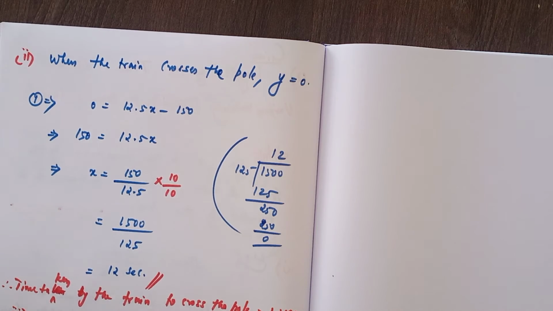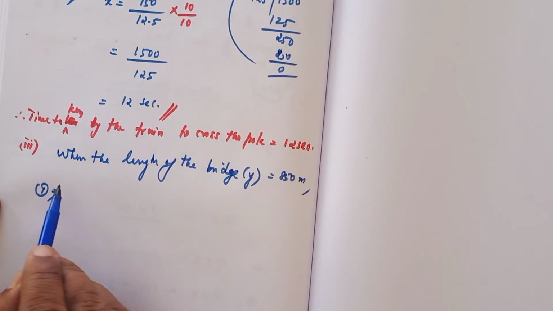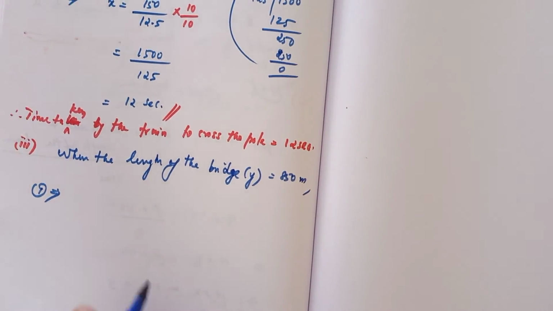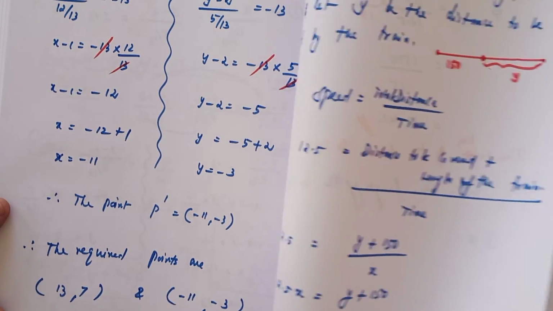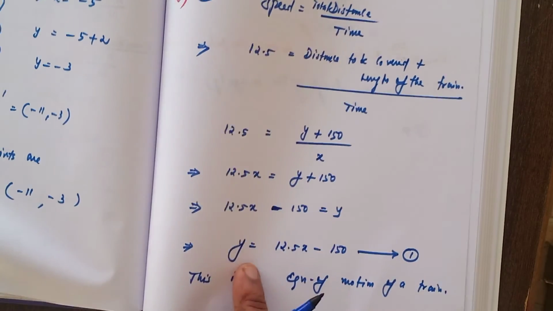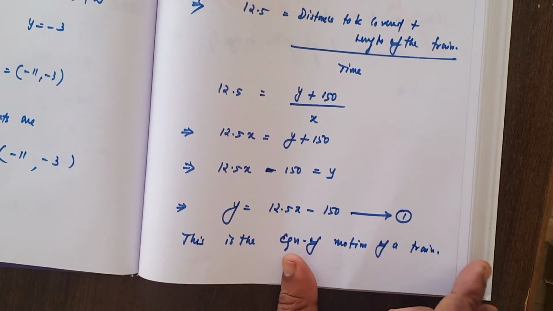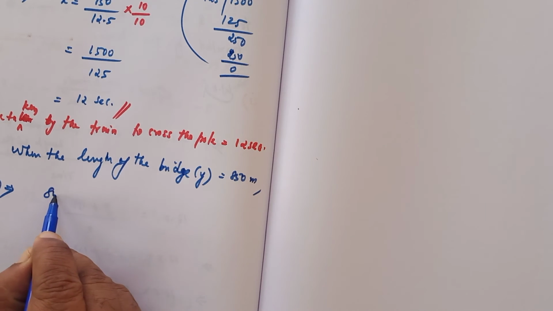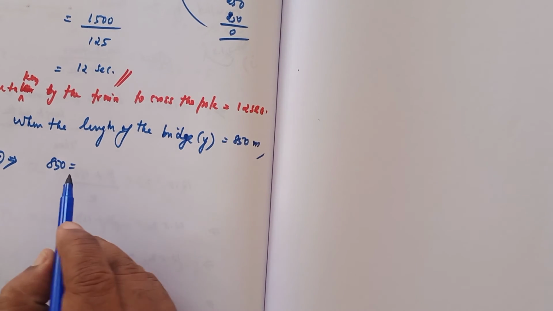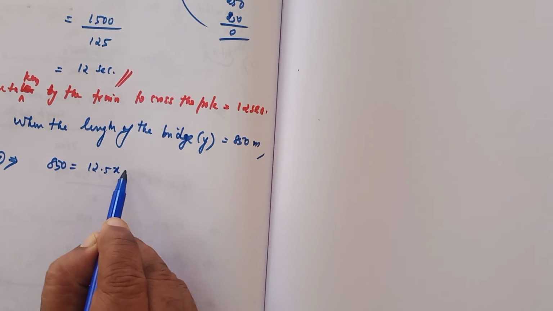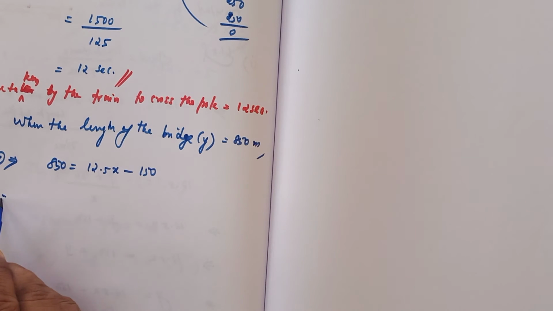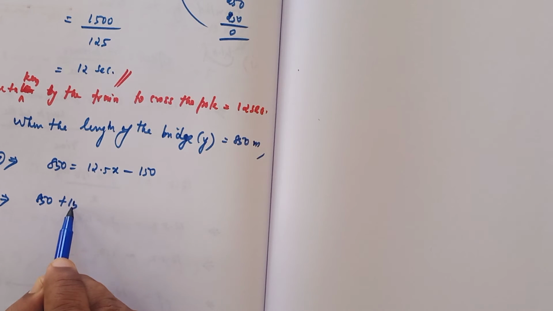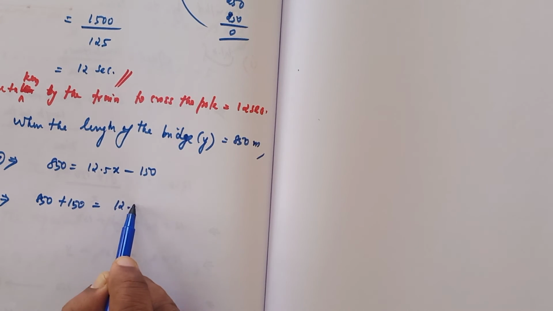Equation 1 implies, substitute y equal to 850 meters. Equation 1, here it is y equal to 12.5x minus 150. What is the value of y? 850, that is equal to 12.5x minus 150, which implies 850 plus 150 is equal to 12.5x.